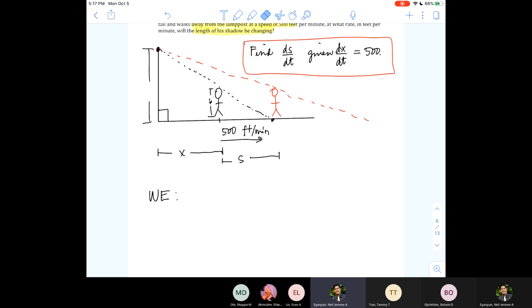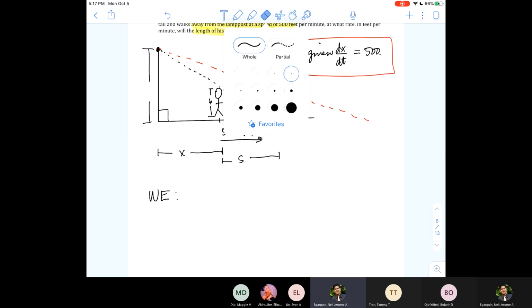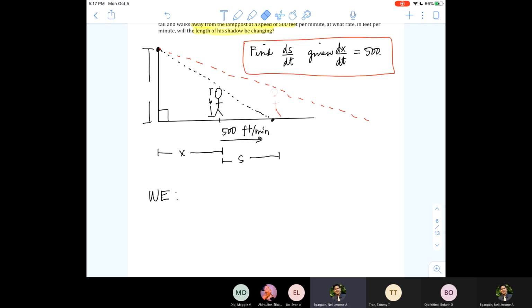So another tool that we can use here is, do you remember similar triangles? Let's figure out the two similar triangles over here. Let me just erase the red one. Now, where are the two similar triangles? Of course, the first triangle is the big one.